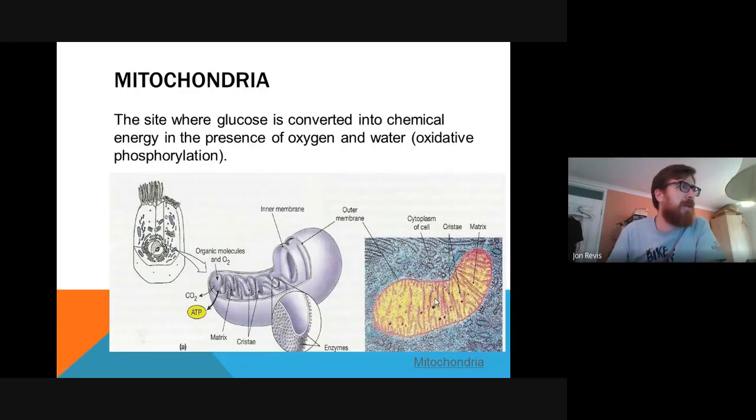The mitochondria, these are very important cells. This is where glucose is converted into chemical energy, but only in the presence of oxygen and water. This is oxidative phosphorylation, and this is the main driver of energy within a cell.